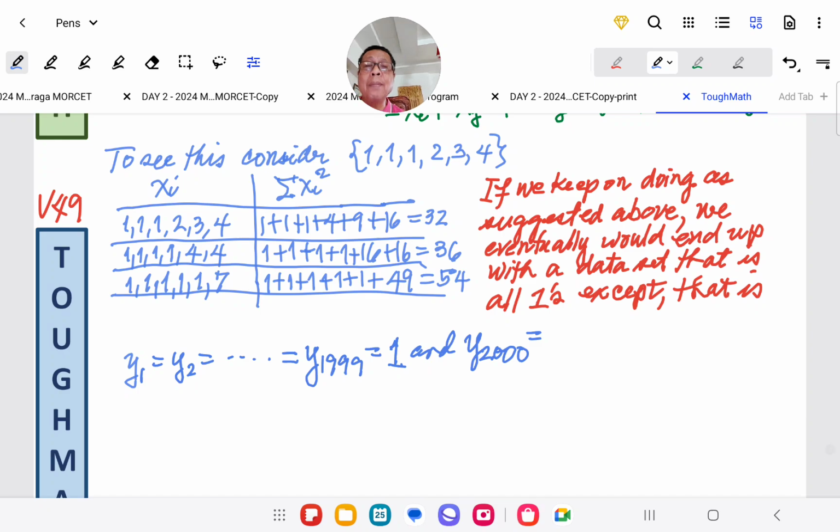And since the sum is 2024, then y sub 2000 must be 25. Okay?